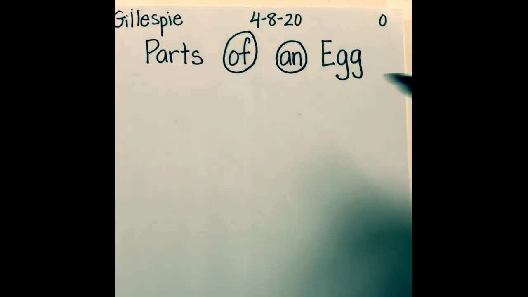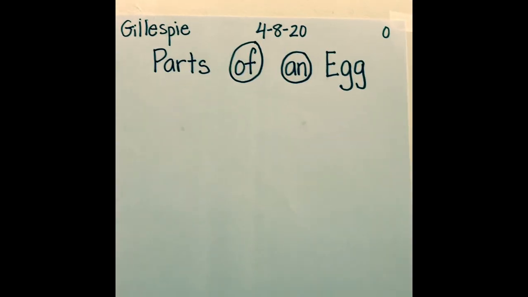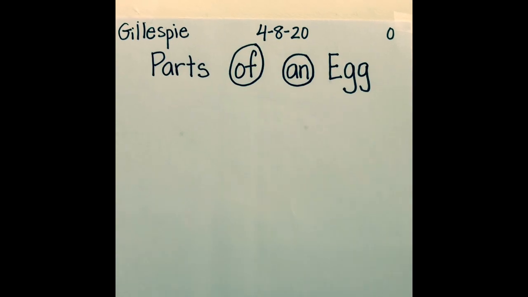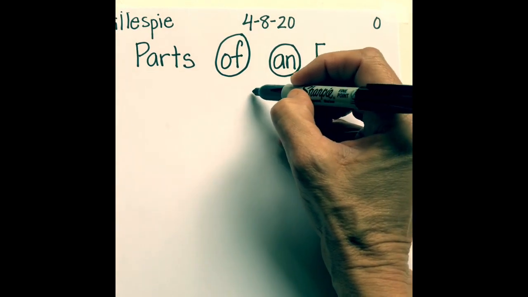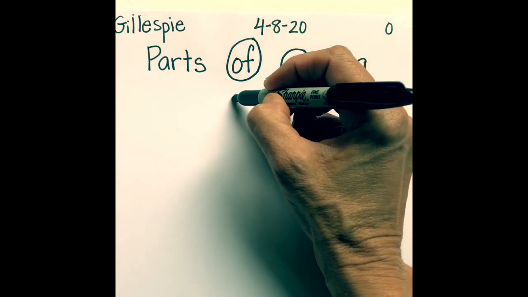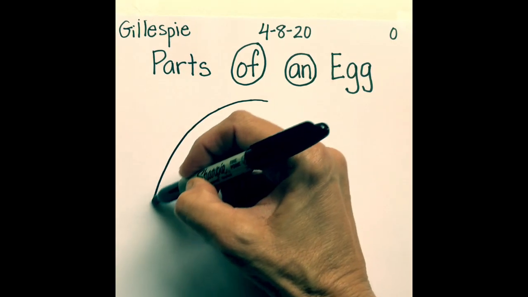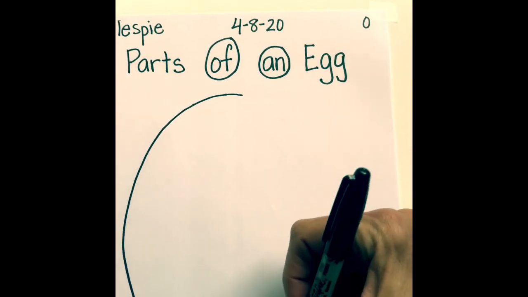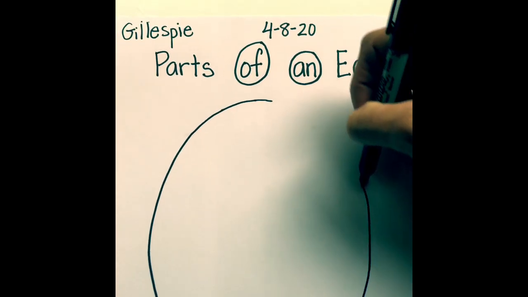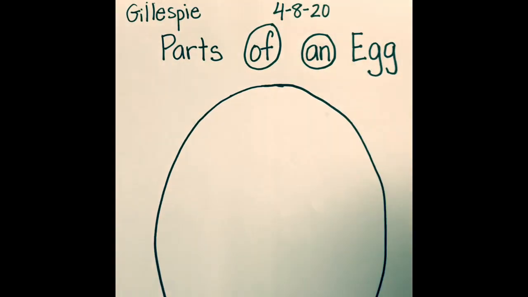All right, so here we go. We're going to use an oval because an egg is shaped like an oval. We're going to start at the top and go out and curve down to a point and back up and connect.